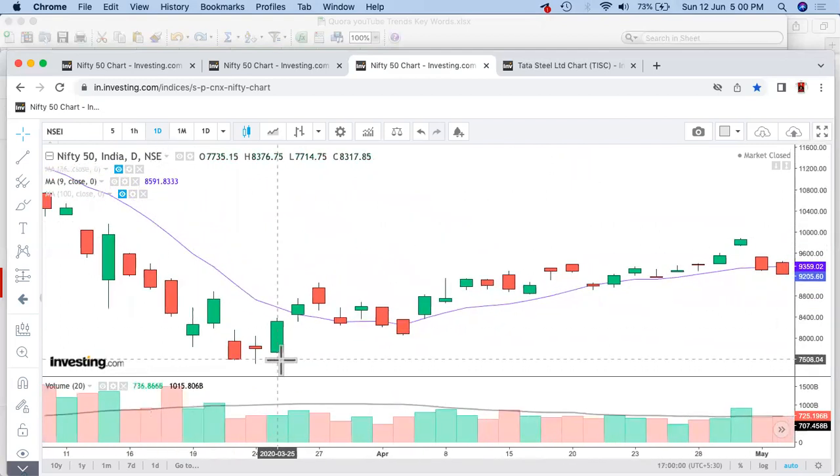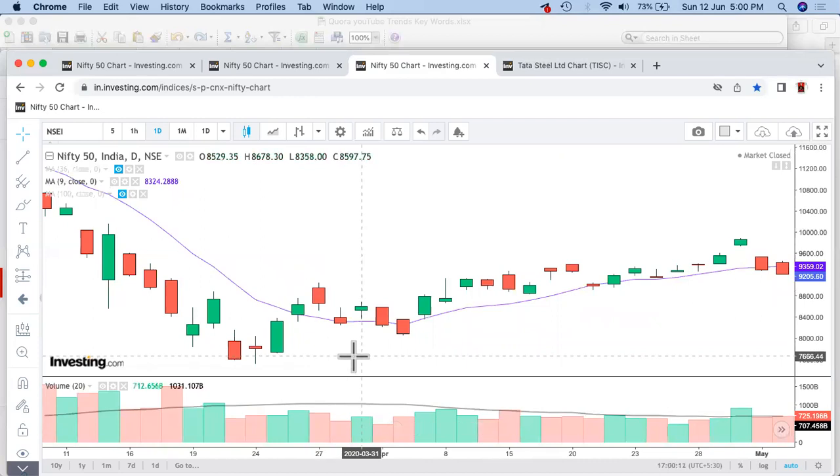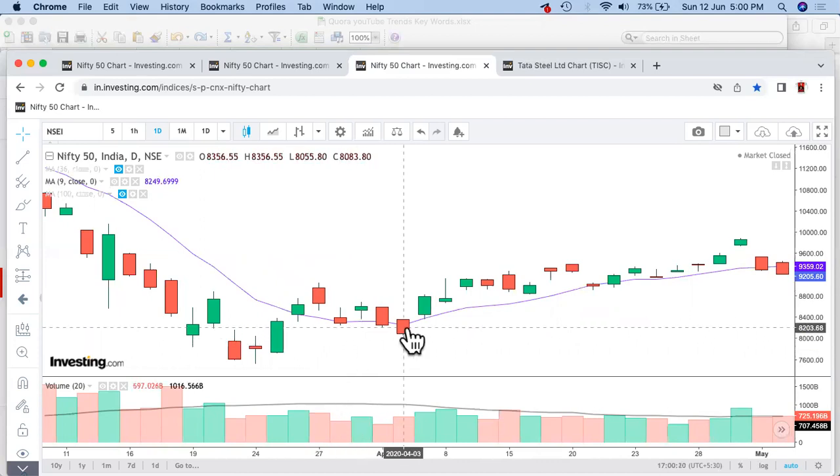See, here the moving average is 8591, still in a downtrend. 8445, still in a downtrend. 8386, still in a downtrend, it is moving down. 8309, 8324. So at this part it has shown a positive sign, but the moving average is still not giving me much of an upward turn.